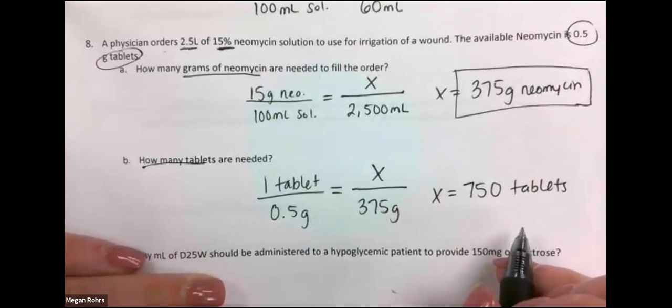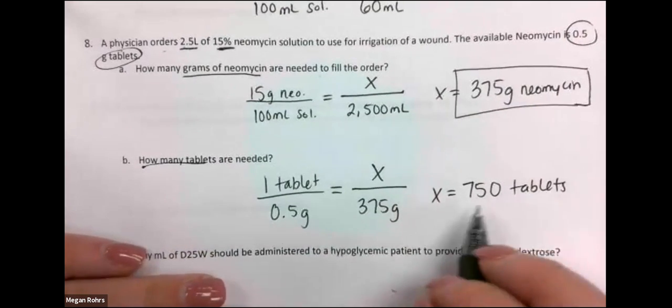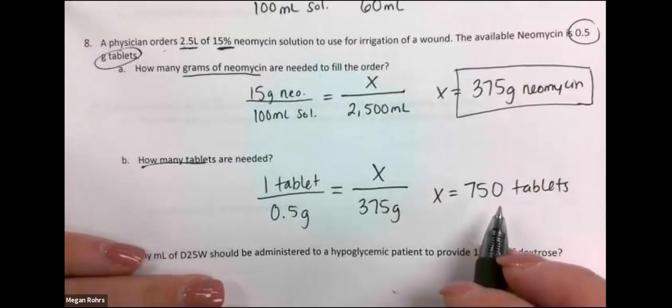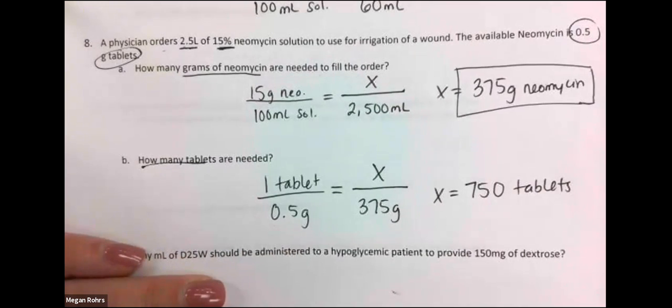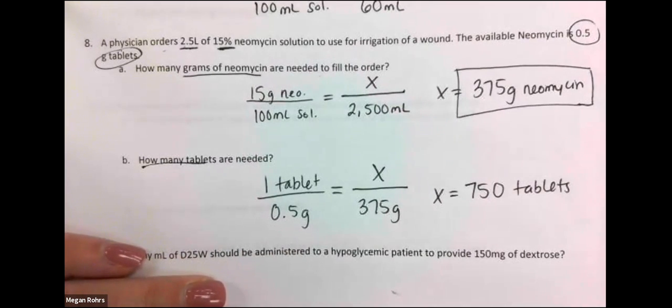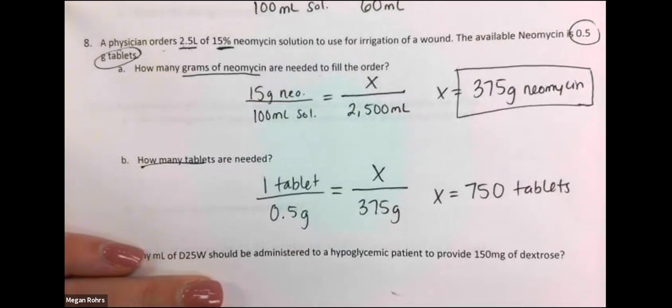So if you were making that order, and I would not take the time to crush up 750 tablets, I'd probably just see if there's a higher strength tablet available to make that order. But just for this problem's purposes, we would need 750 tablets.